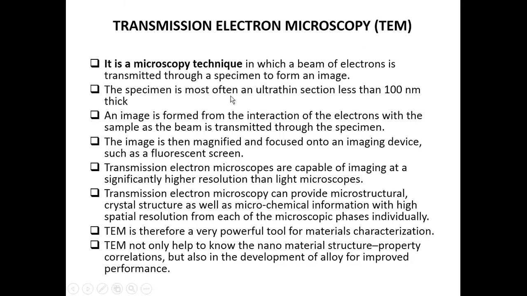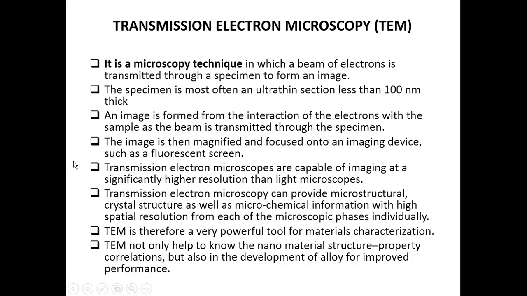The specimen is most often an ultra-thin section less than 100 nanometers thick. An image is formed from the interaction of the electrons with the sample as the beam is transmitted through the specimen. So we have the arrangements to transmit the electron beam through the specimen, and there will be different lenses provided, and of course the construction details, all those things we will discuss one by one.